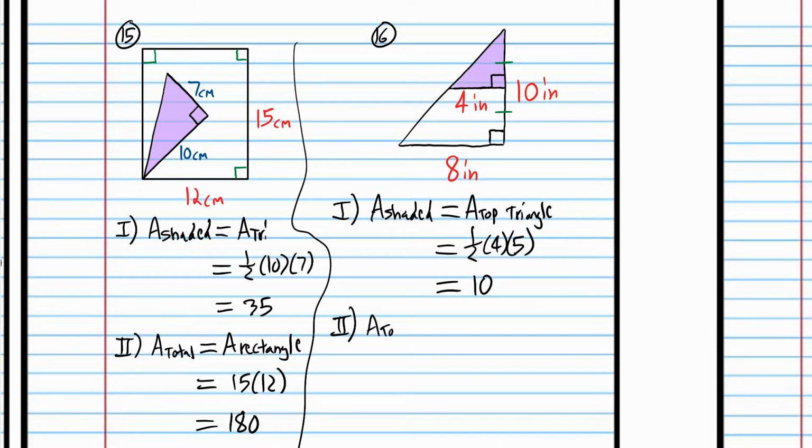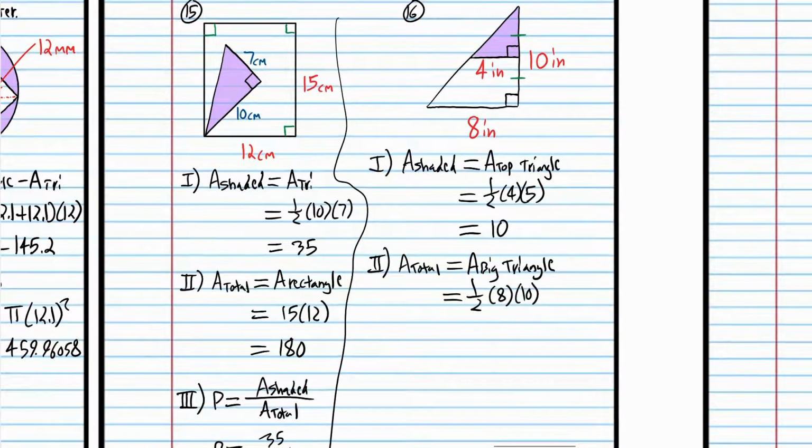And the total area is the area of the big triangle, you can call it whatever you want, which is equal to 1/2 times the base times the height, which is the whole length there. So we get 40.